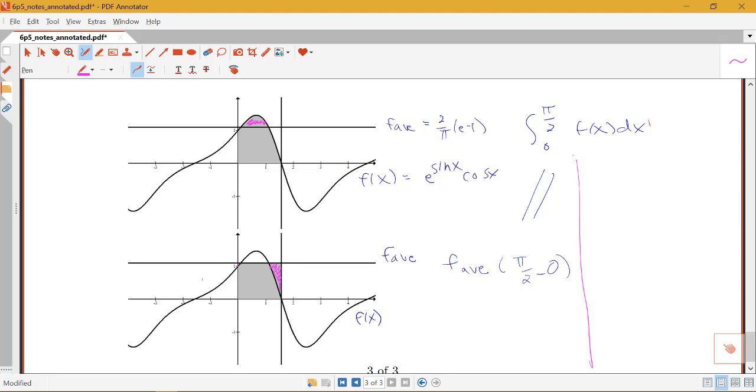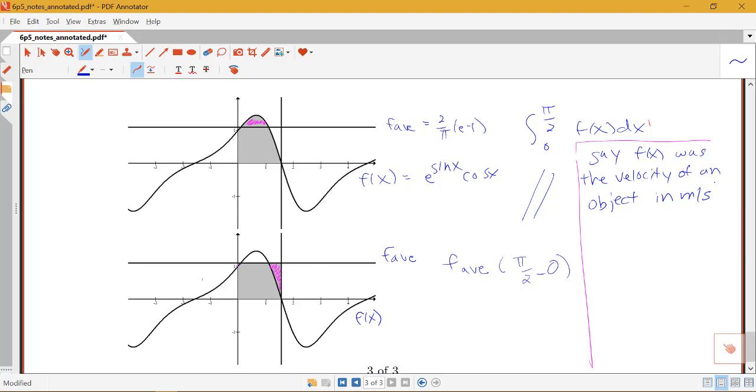Just to give you a little more ways to think about this, maybe in the context of a familiar application like velocity, say f of x was the velocity of an object in meters per second.